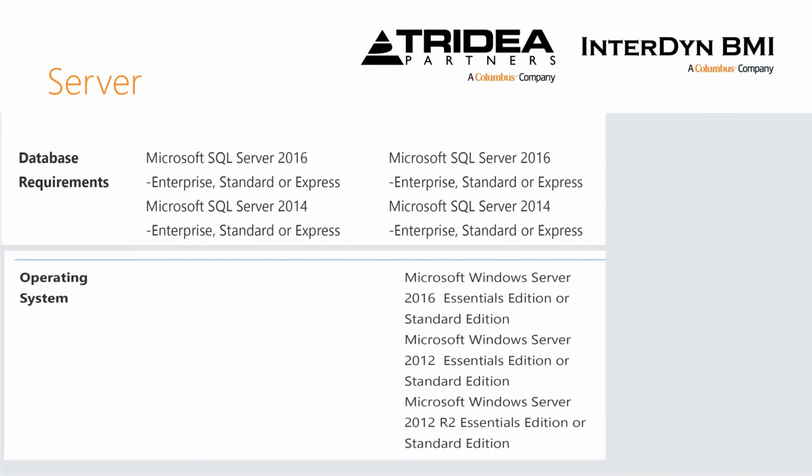It does have some limitations, obviously, but it is free. If you have a small system, that's a good way to get started, where you don't have to necessarily invest in the Standard or Enterprise versions. There may be reasons that we want to do that, but Express is out there for your downloading pleasure.